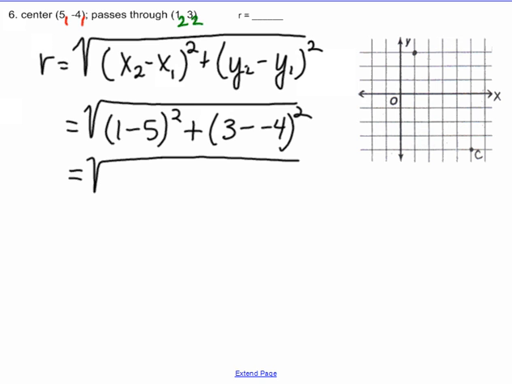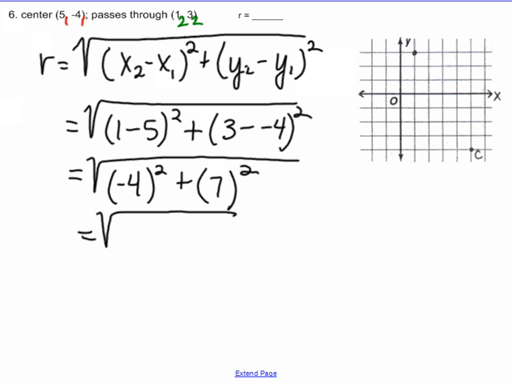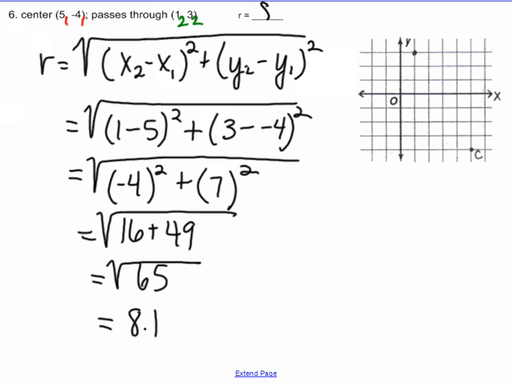So I have 1 minus 5, which is -4, plus 3 plus 4, which is 7. 16 plus 49. When I work the square root of 65, I get 8.1. That is the radius of the circle.